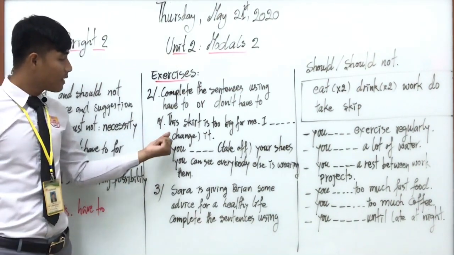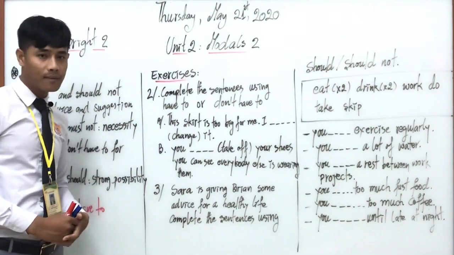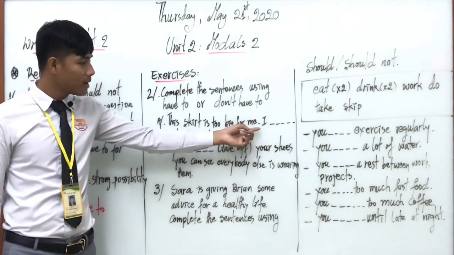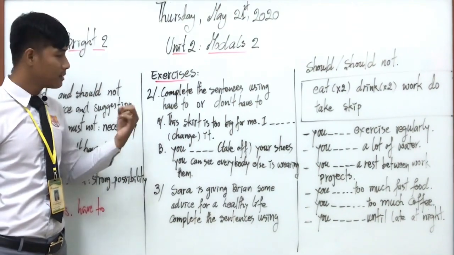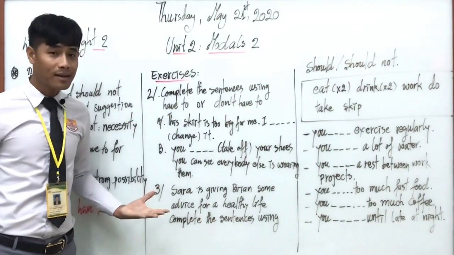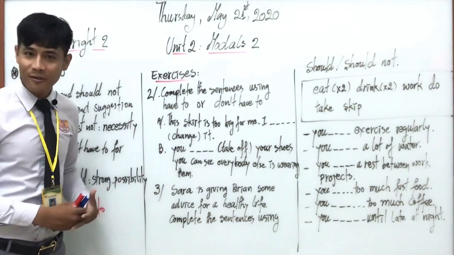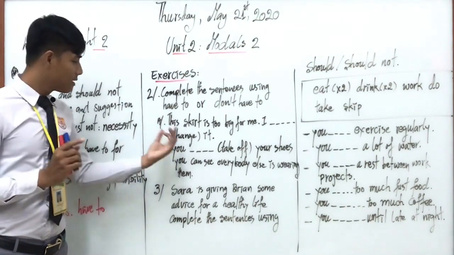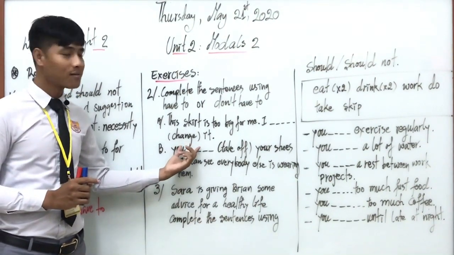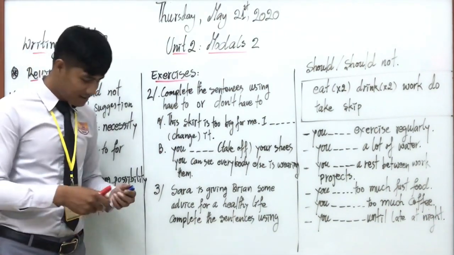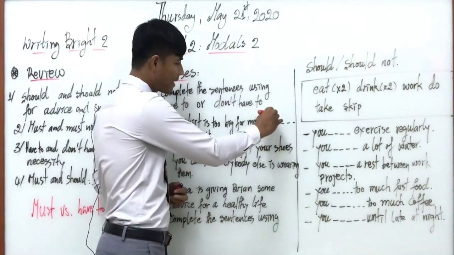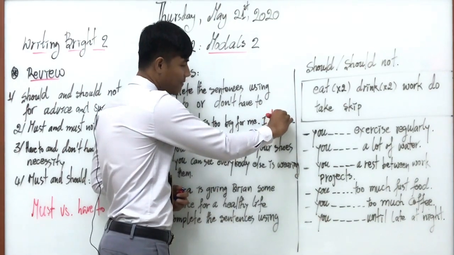Okay, so A, this skirt is too big for me. I blah blah blah change it. So the skirt is big, right? So what do you have to do? Change, right? So don't have to or have to? Yes, you answer have to.